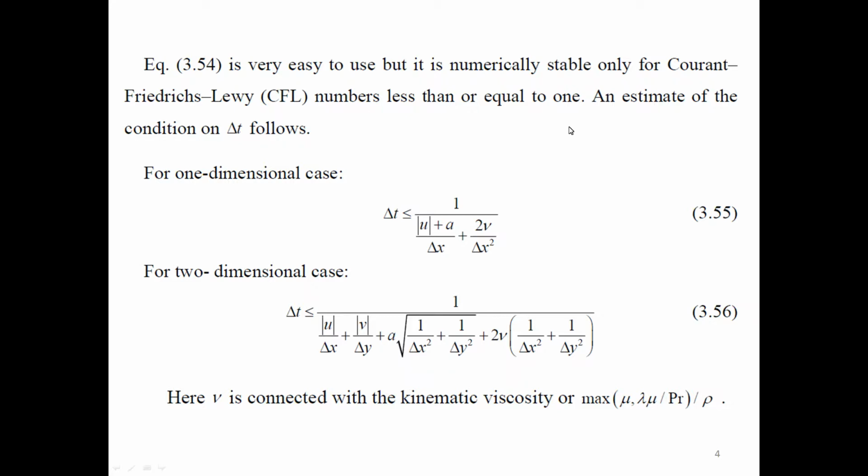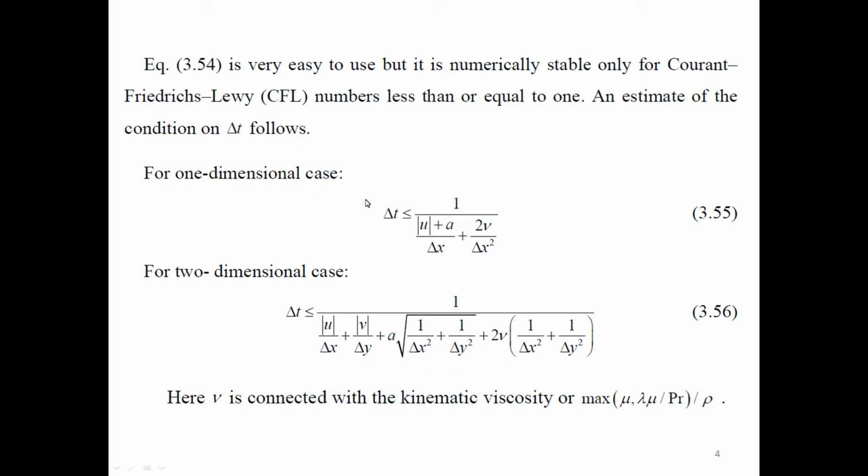This equation is very easy to use, but it is numerically stable only for Courant-Friedrichs-Lewy numbers, CFL numbers, less than or equal to 1. An estimate of the condition on delta t follows.